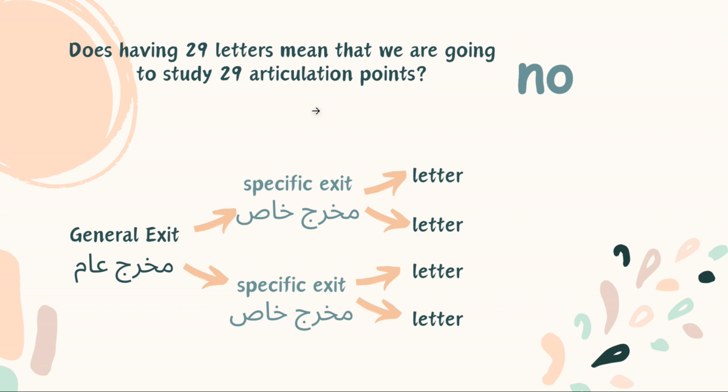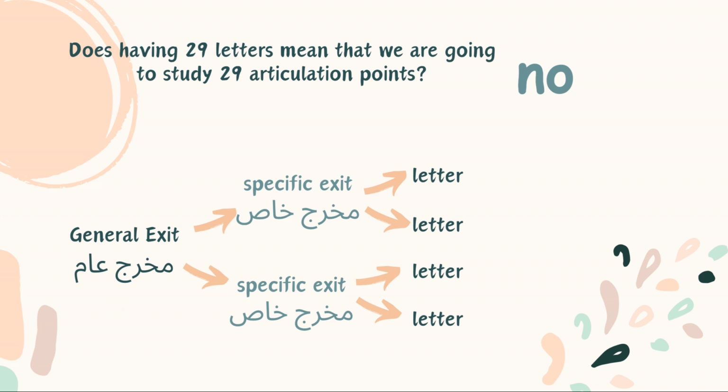Why isn't it correct? Because, for example, we have something called a general exit, a general area where several letters exit from the same place. For example, the throat is considered a general exit, but there are 6 letters that exit from the throat.